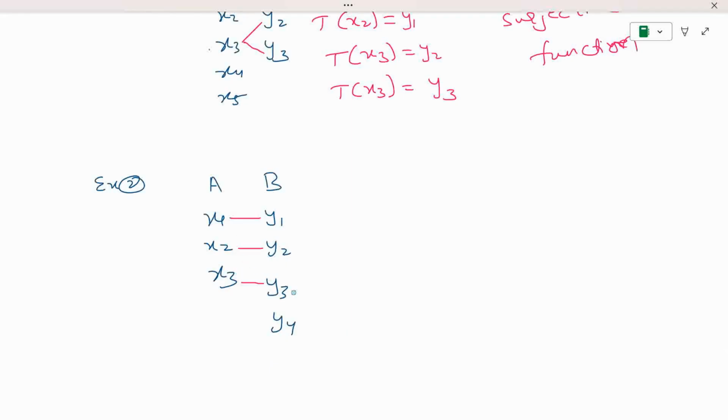According to the definition, each element must be the image of at least one element in set A. But y4 is not the image of any element in set A. Therefore, this is not surjective.